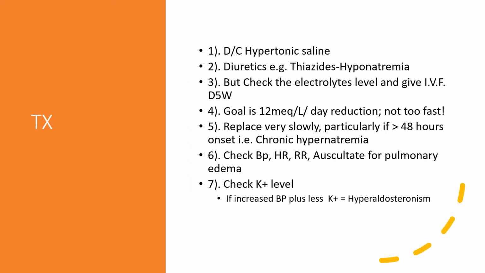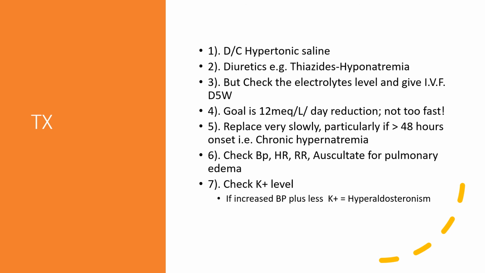Still on treatment, we have to discontinue hypertonic saline. And we can grab our diuretics, for example, thiazide, that could induce hyponatremia. But we have to check the electrolyte level so that we will not tilt the affected individual to hyponatremia proper while trying to reduce hypernatremia.